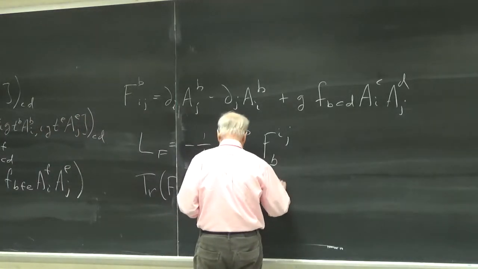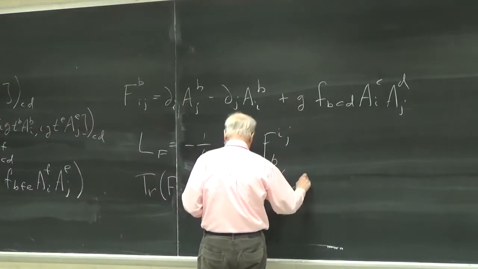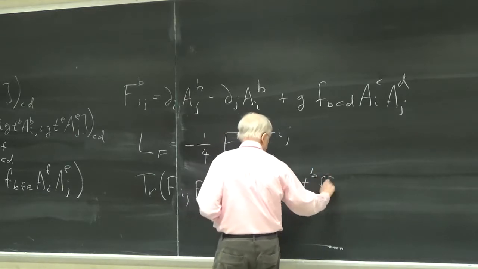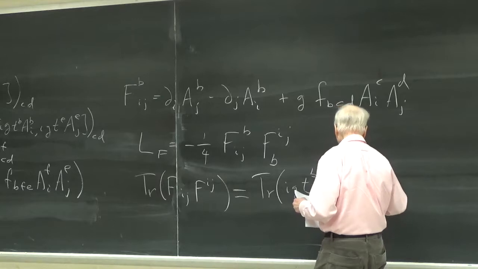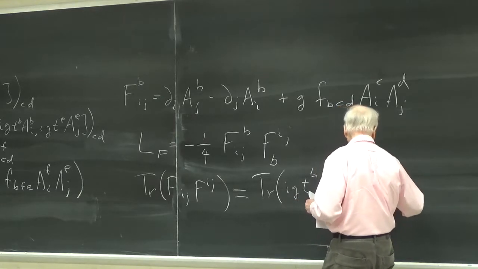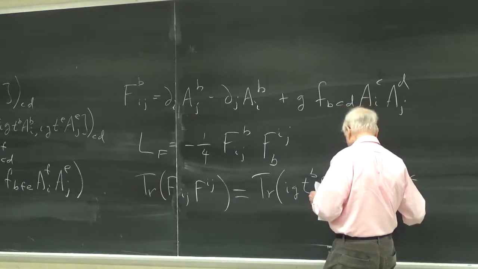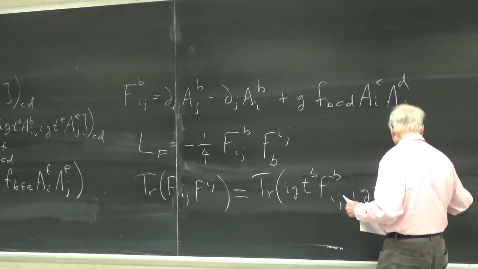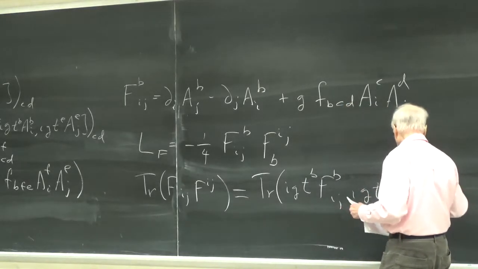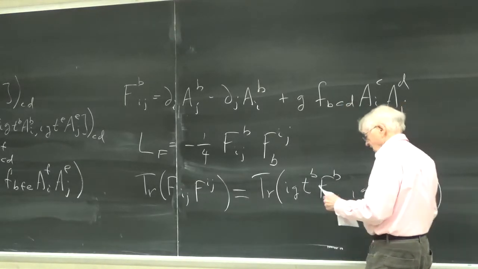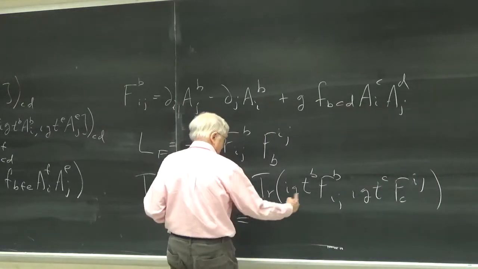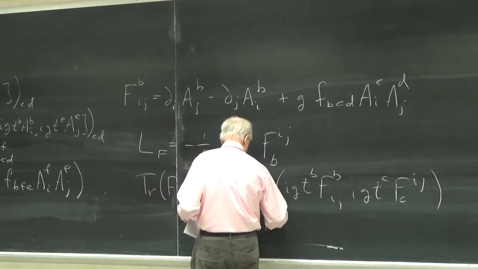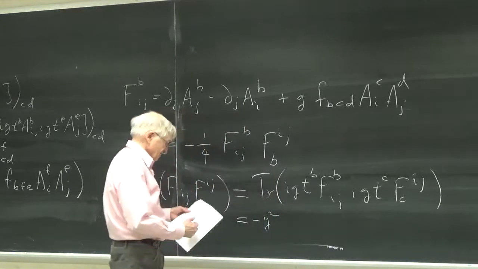Well, you've got trace of iG T^B F^B_ij, and then iG T^C F^C_ij. And this gives you a minus G squared, G is the coupling constant.